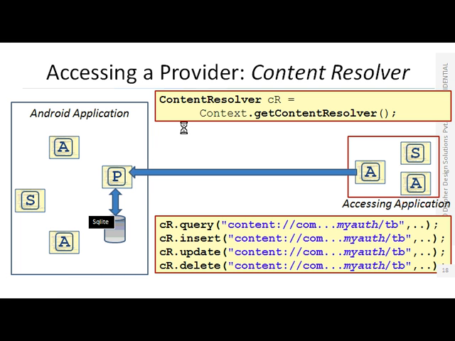Alright. And the methods implemented on your content resolver object are the same as the database methods. Those are the same methods that will be implemented by the database part of your application.